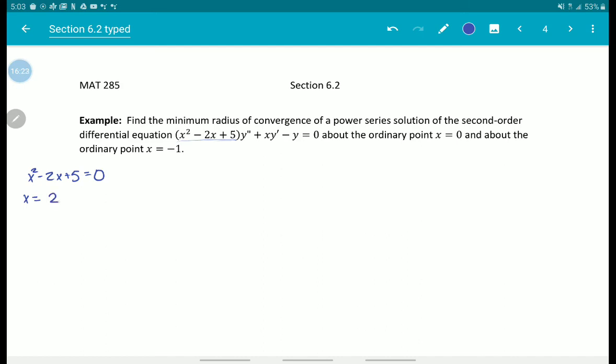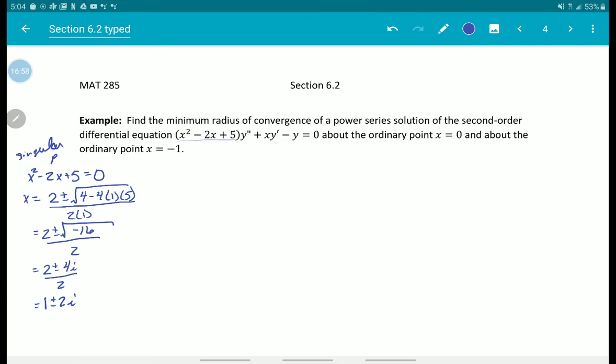So it's going to be negative b plus or minus square root b squared minus 4ac over 2a. 4 minus 20 is negative 16. So this is 2 plus or minus 4i over 2. So we get 1 plus or minus 2i. So there's our singular points. Okay, and they are complex in this case.